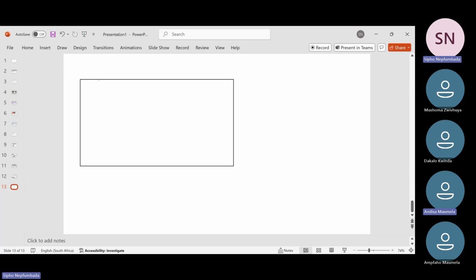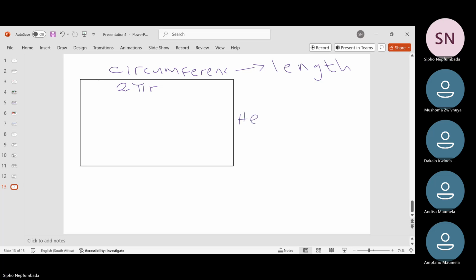What I was saying, this is 2 pi r, which is the circumference. This is also our length. This is our height, which is nothing but our h.